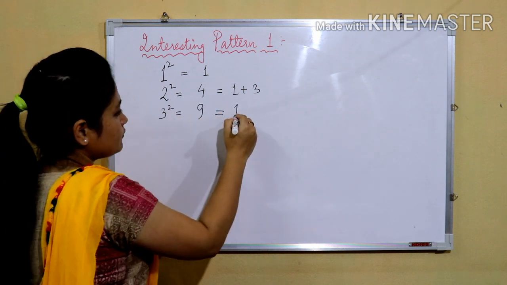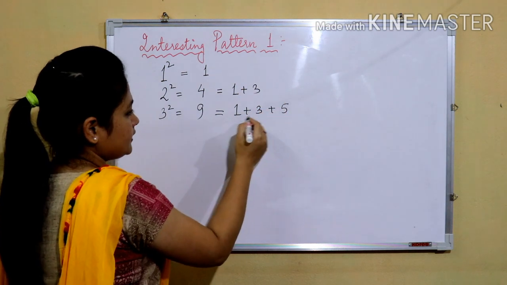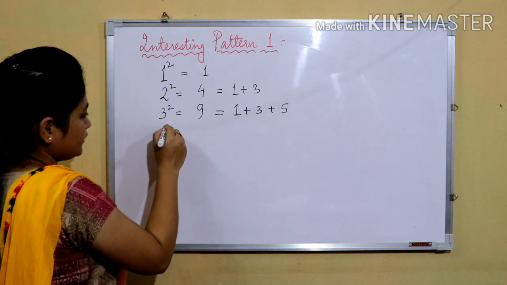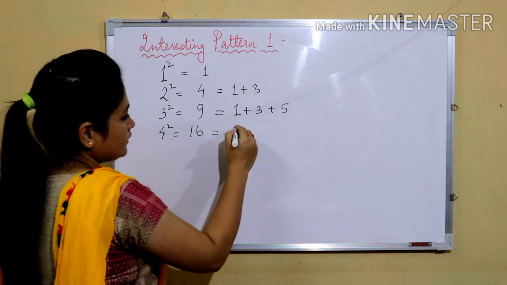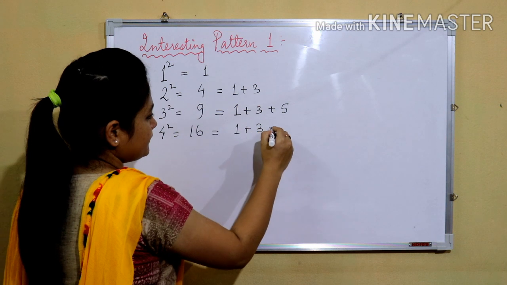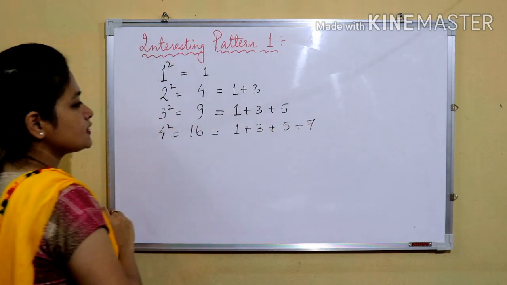I can write 1 plus 3 plus 5. 5 plus 3 is 8, 8 plus 1 is 9. 4 square is 16. 1 plus 3 plus 5 plus 7 will give you 16.